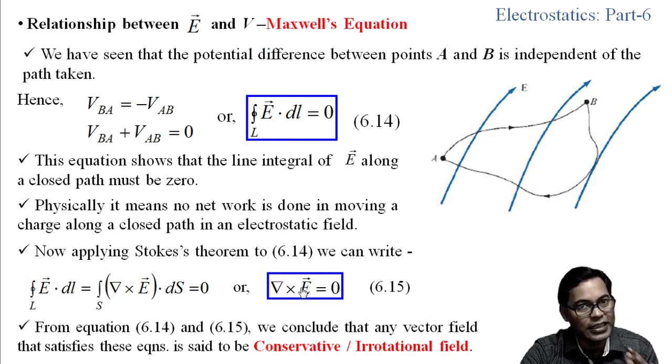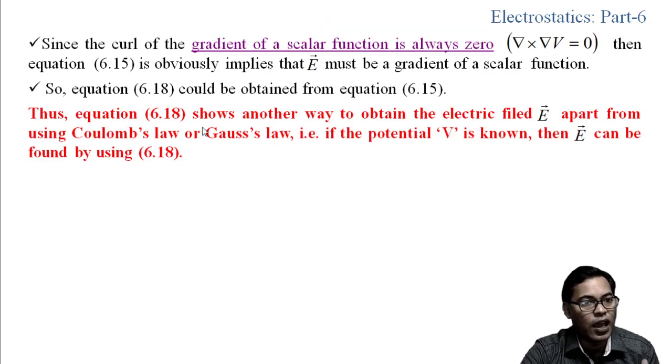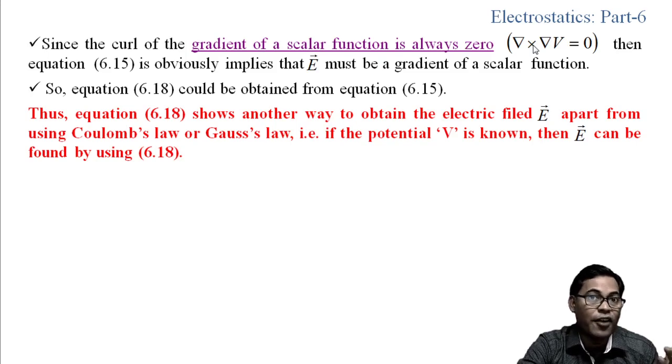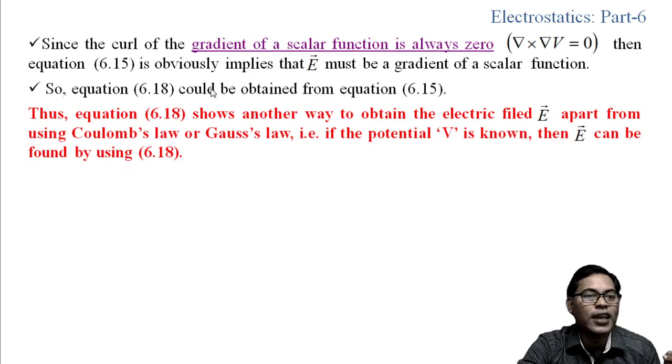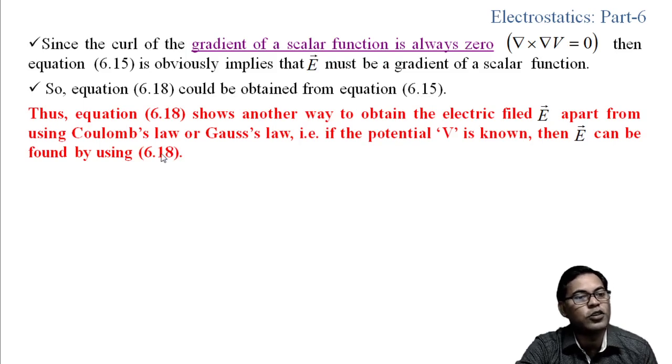That is the valid expression. It is obvious; it implies that E must be a gradient of a scalar. So from this vector identity also we can assume that the expression E equals minus grad V is valid. So we can say this equation 6.18 could be obtained from equation 6.15, that is, del cross E equals 0.